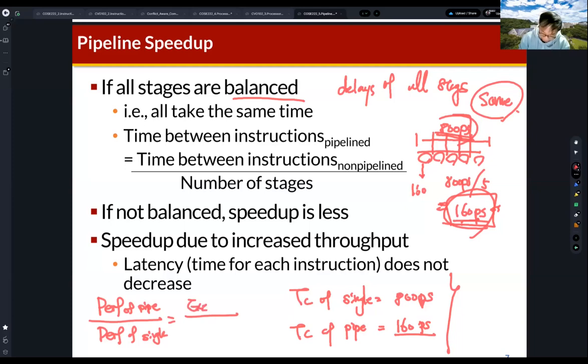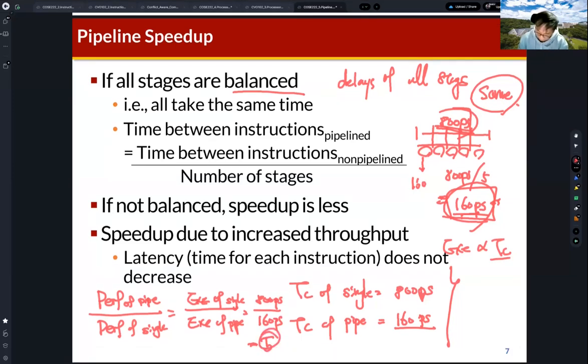It's the execution time of the single cycle processor over the execution time of the pipeline processor. It's 800 picoseconds, because execution time is proportional to TC, right? And this is 160 picoseconds, so the ratio becomes 5. By the definition of performance that we learned in chapter 1, it is 5.